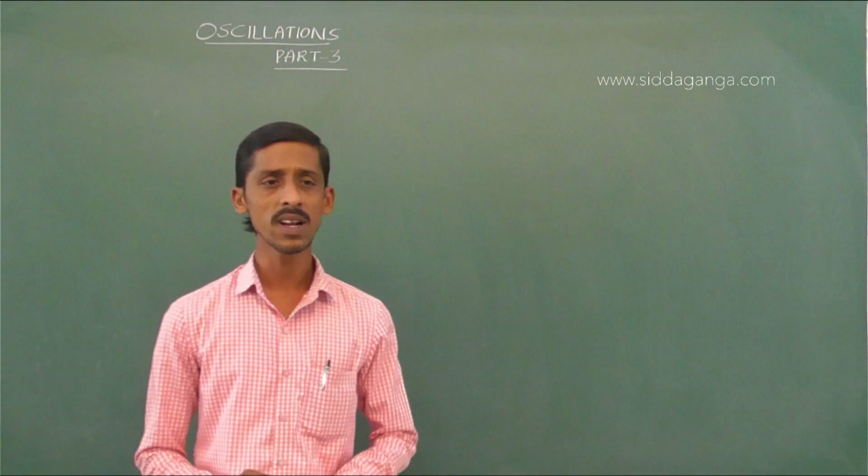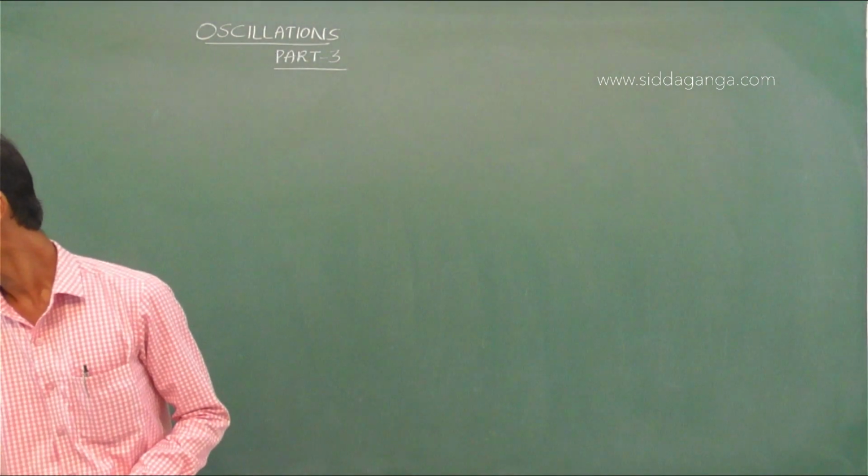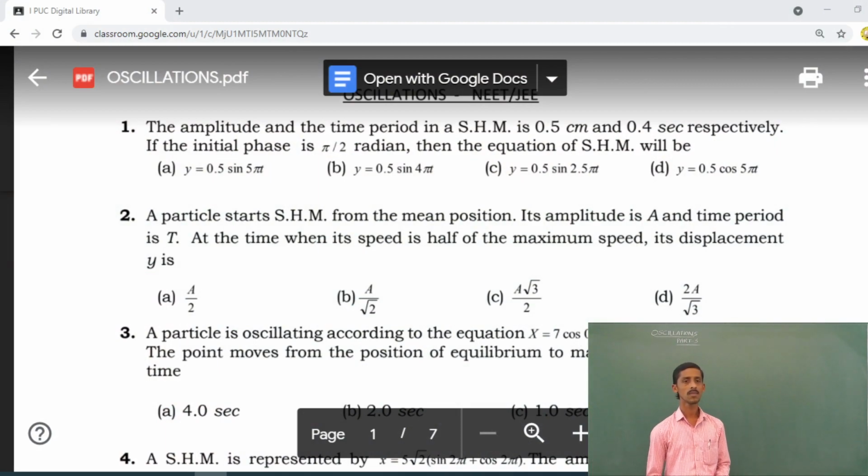See question number 1. The amplitude and the time period in a SHM are 0.5 centimeter and 0.4 seconds respectively.